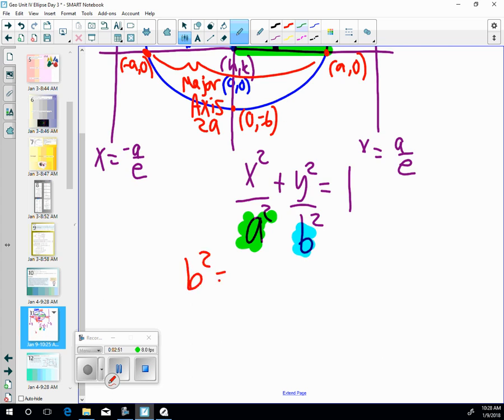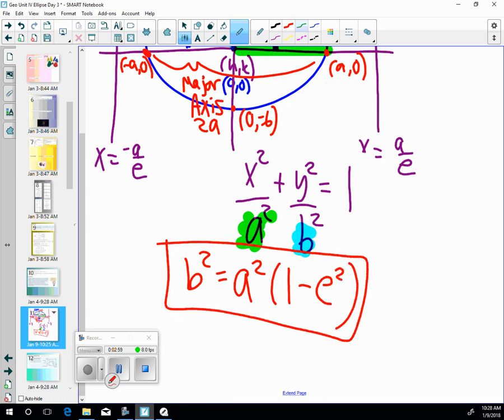B squared equals A squared times 1 minus E squared. That, I think I just snuck in before the end of the hour. Is that correct? And this is how we calculate B from, well, we can go back and forth and do different things. There's only one other thing I wanted to mention.